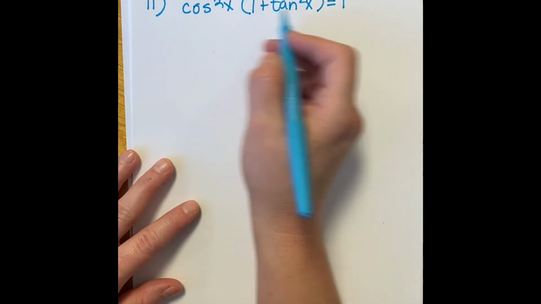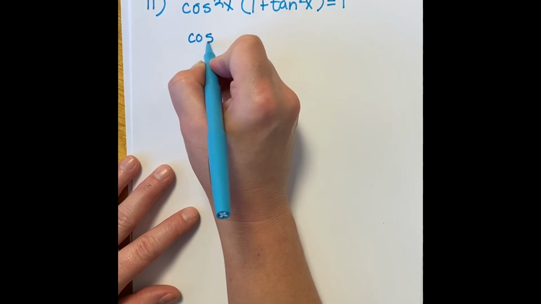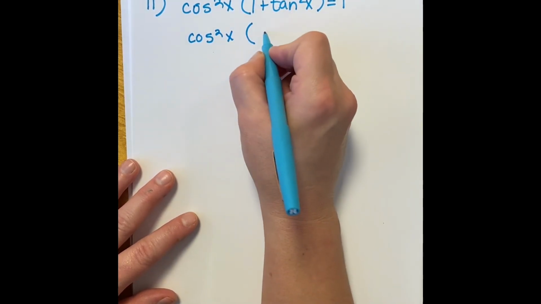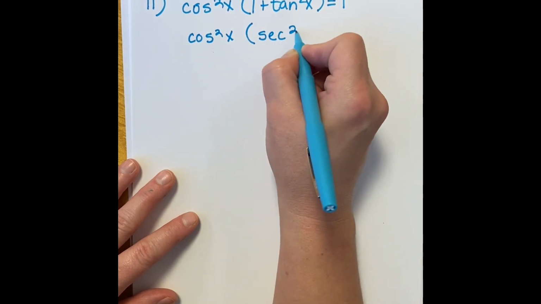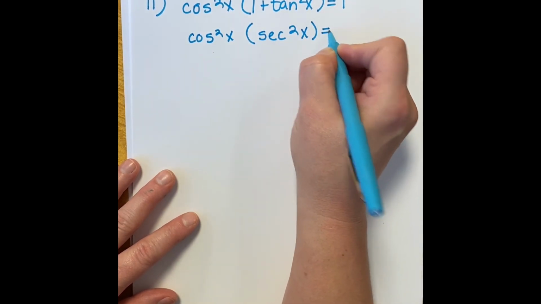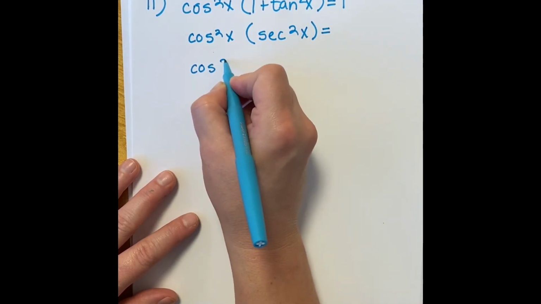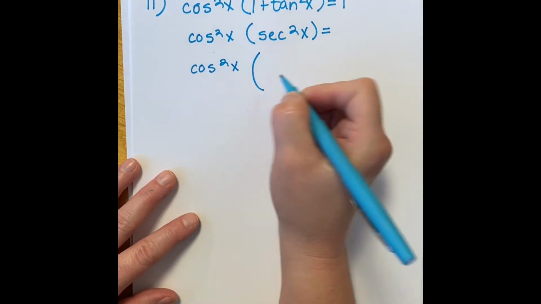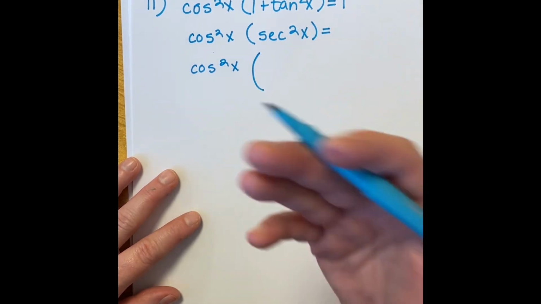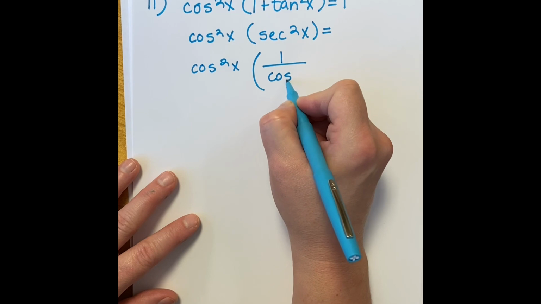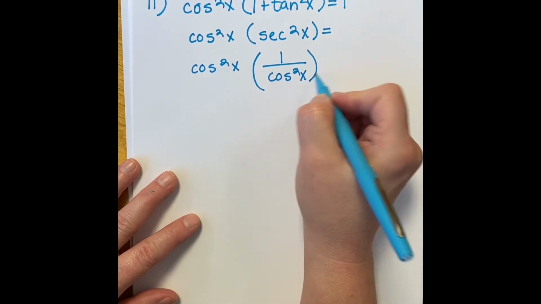What does 1 plus tangent squared equal? 1 plus tangent squared equals secant squared. It's one of your Pythagorean identities. But what is secant equal to? Well, secant is equal to 1 over cosine. But since this is secant squared, it's going to be equal to 1 over cosine squared.